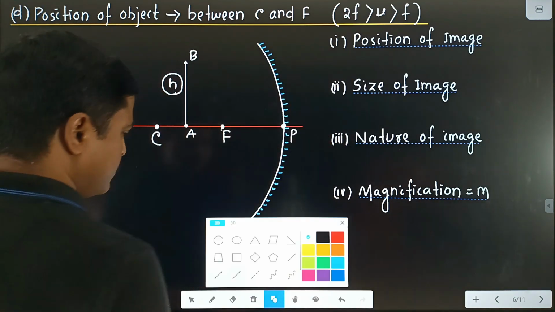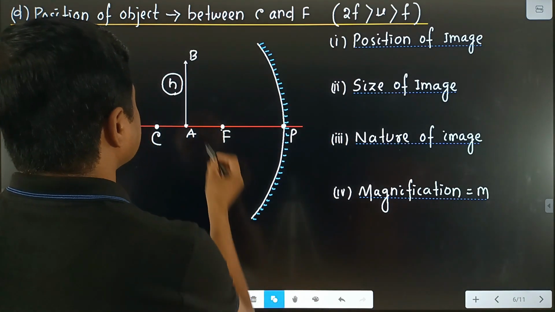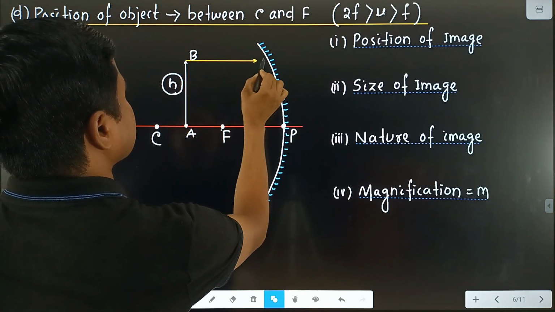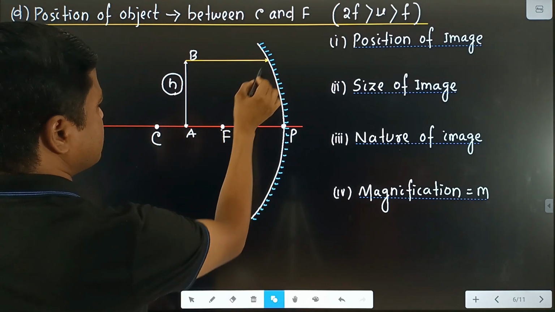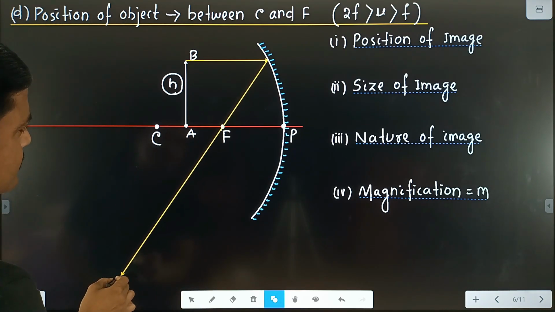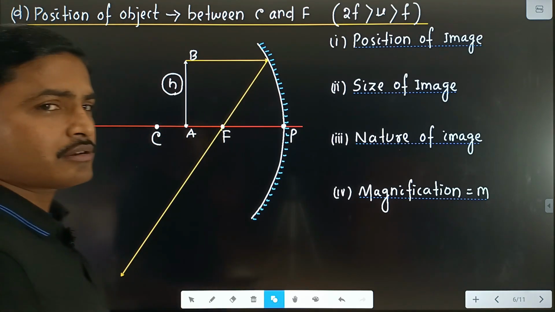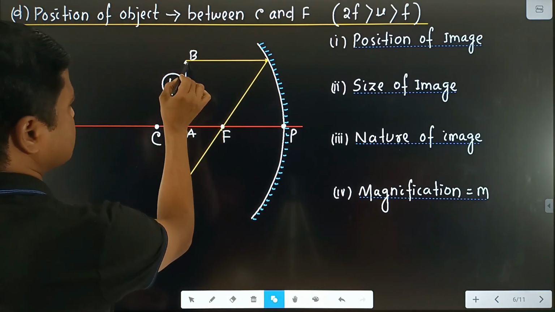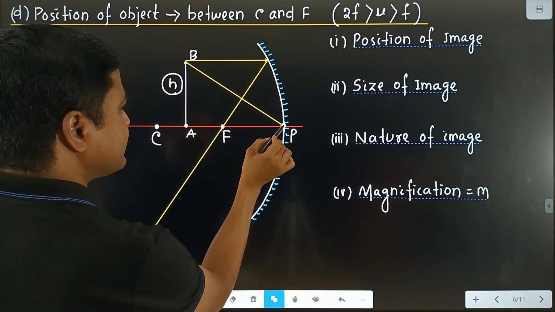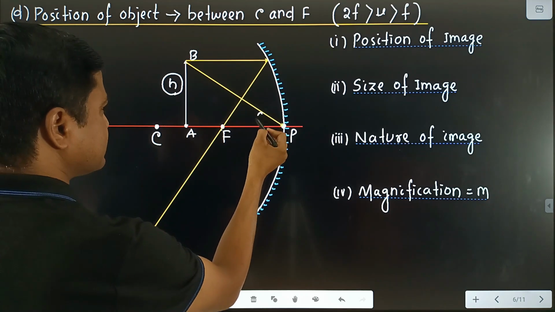Then we draw the incident rays. First incident ray is parallel to the principal axis, and after reflection the ray must be passing through the focus. Clear? Similarly, another incident ray moves towards the pole making an angle theta with the principal axis.